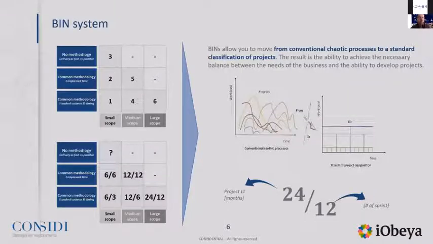But if the methodology is different, for example, we have to work with a compressed time, of course, the complexity of the project increases. In the downside of the slide, we can see, for example, how we can translate this information, this bin number, into numbers that represent, for example, the duration of the project and the number of sprints that we have to perform in order to execute the project itself.